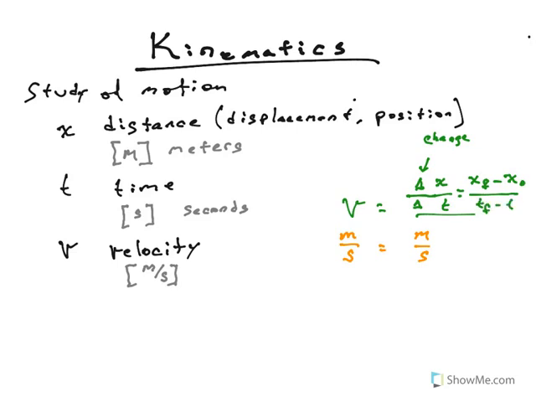Final time minus initial time. So whenever you see something like the change in x or the change in y, that means final y minus initial y. And so we have our first big equation. Velocity is the change in distance per time. How far did you go? Divided by how long did it take to go that far? And you have your velocity.